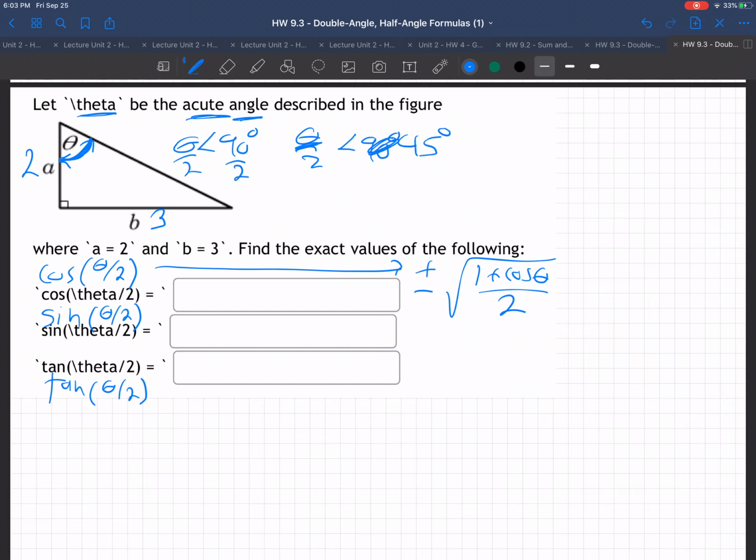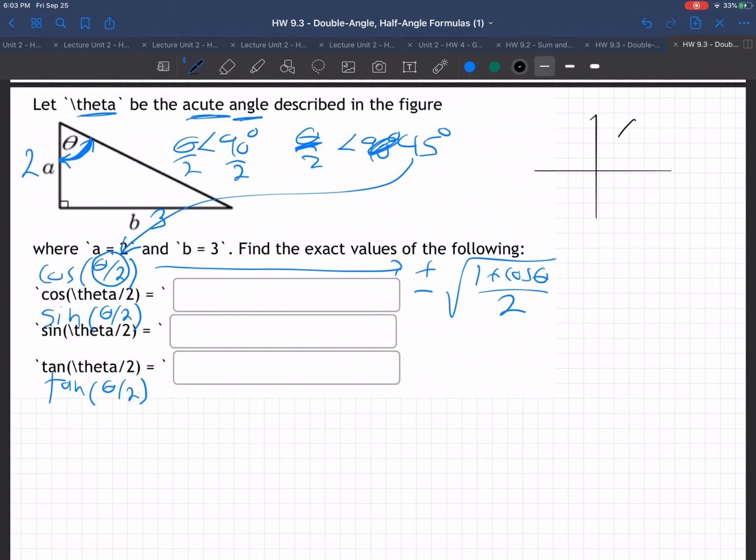Okay, great, so what? Well, that means theta over 2 is an angle less than 45 degrees. Okay, again, so what? Well, if you look at the axis system, remember the all students take calculus. If we're less than 45 degrees, then we're in here. There's a 45. We're somewhere in there where all the trig functions are positive.